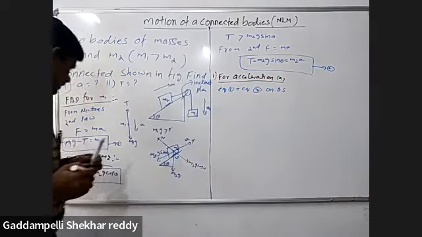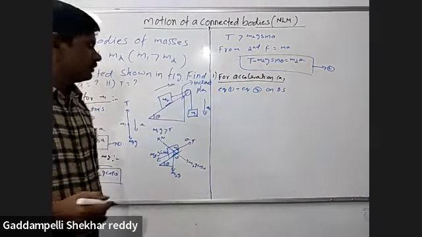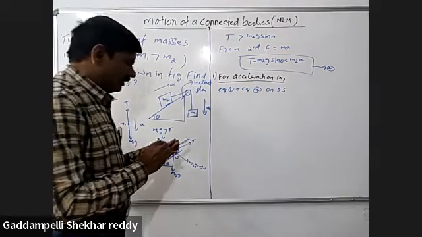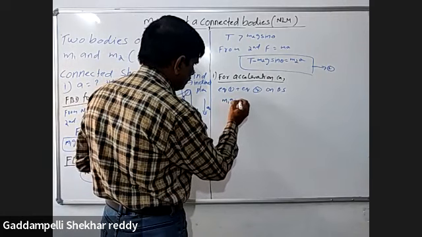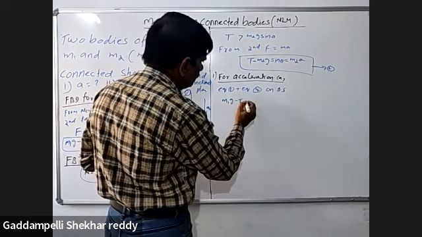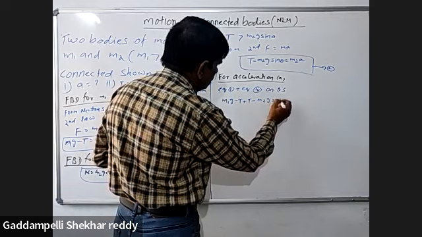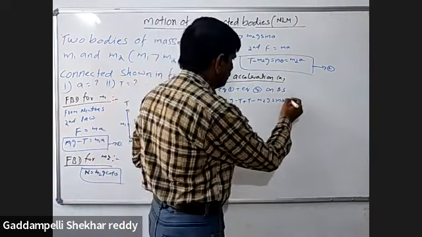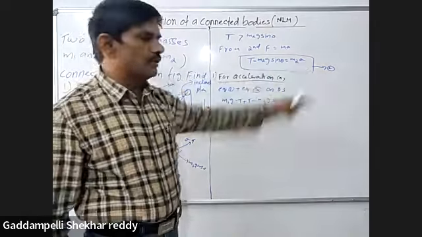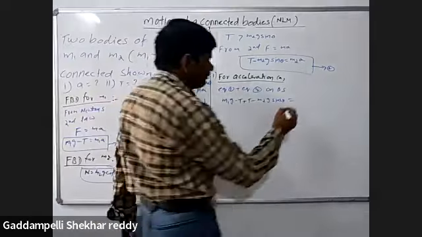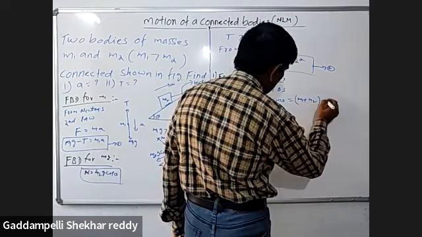On the left side, equation 1 gives M1G minus T, and equation 2 gives plus T minus M2G sin theta. On the right side, M1A plus M2A, taking A common, gives M1 plus M2 into A.